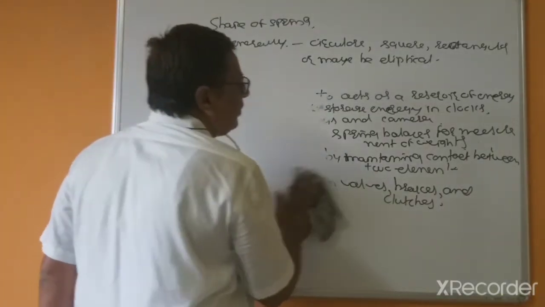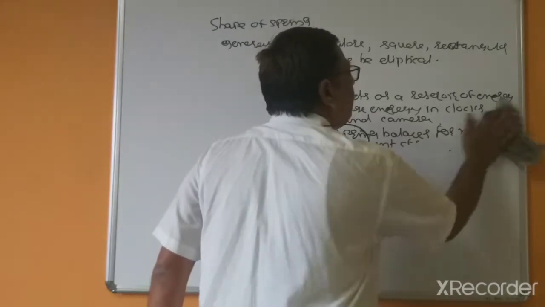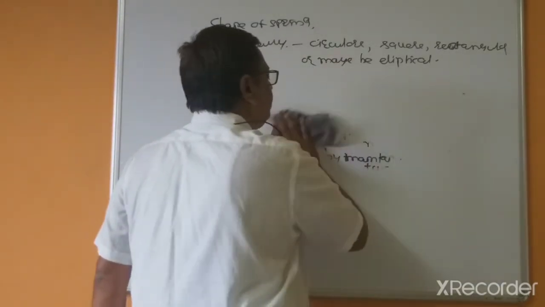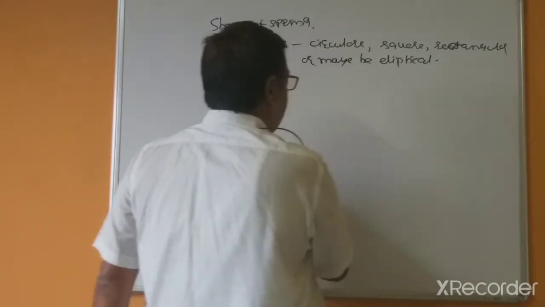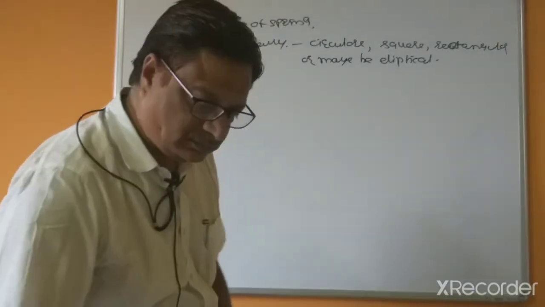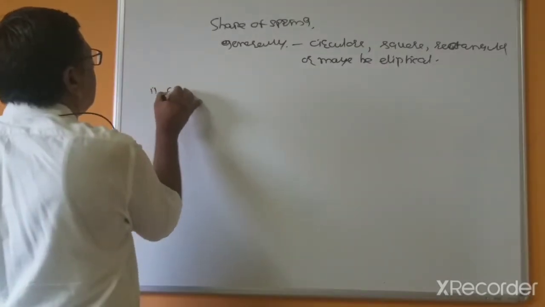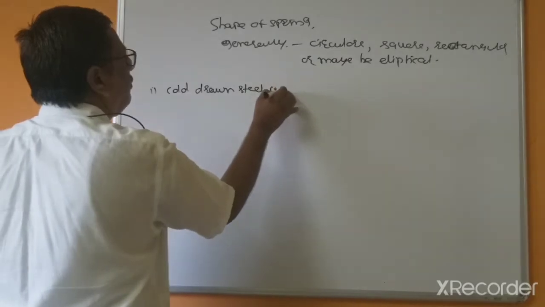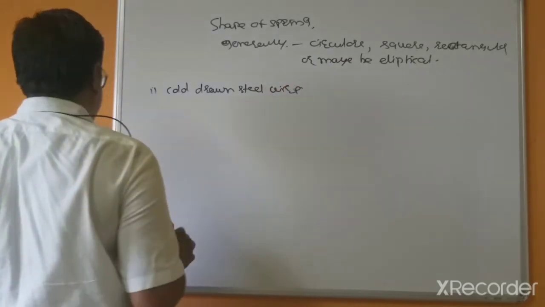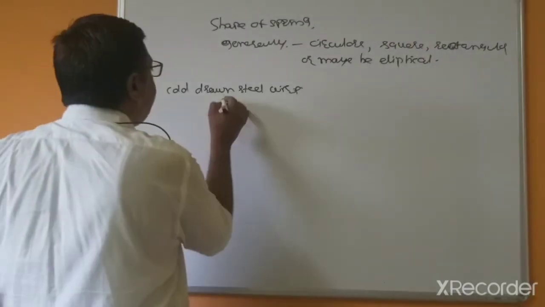Next, what are the different types of materials according to the applications of springs? We can use different materials, alloyed or unalloyed materials. Cold drawn steel wire, this is unalloyed.